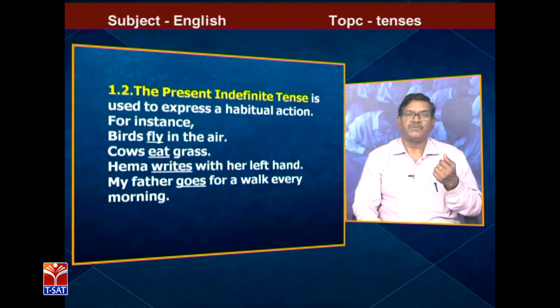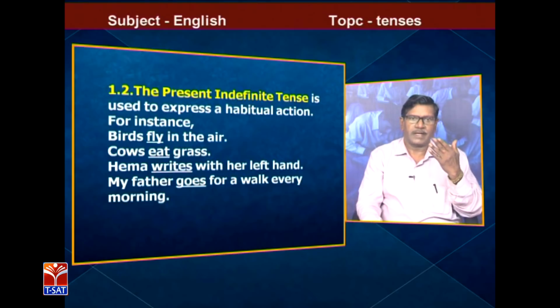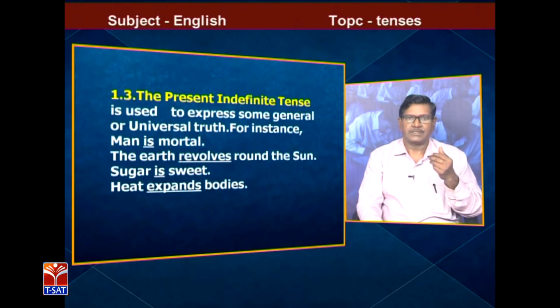Usually everybody writes with the right hand. For instance, birds fly in the air, cows eat grass, Hema writes with her left hand, my father goes for a walk every morning. These are all habitual actions. So, for expressing a habitual action, we use this simple present tense or present indefinite tense.